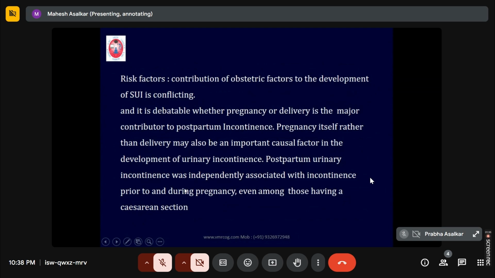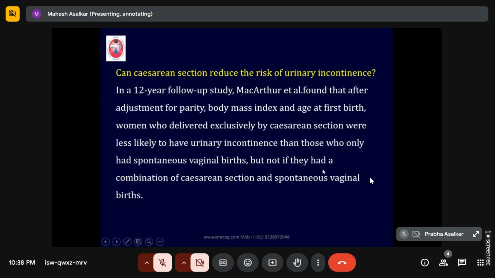Postpartum urinary incontinence was independently associated with incontinence prior to and during the pregnancy, even among those having a cesarean section. Okay, so even if the patient had a cesarean section, but they previously had incontinence during the pregnancy or before pregnancy, they might continue to have the incontinence.